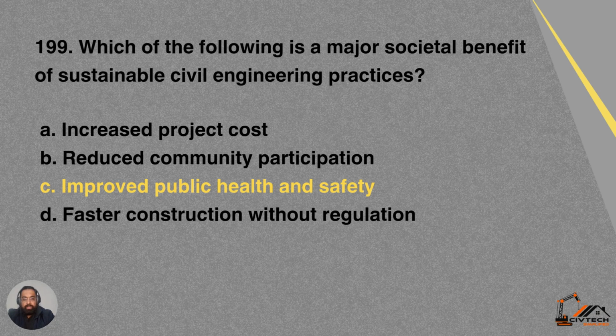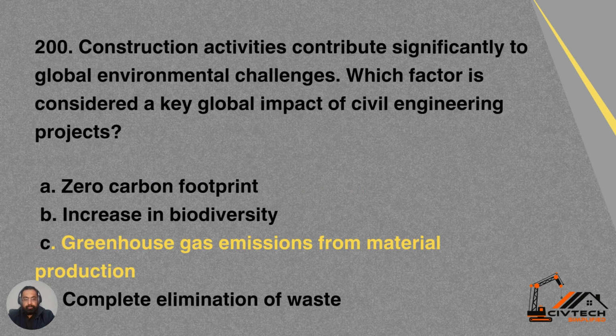Option D, faster construction without regulation. So C is the correct option, improved public health and safety. So the major societal benefit through civil engineering projects or practices is to improve public health and the safety of the public. C is the correct option.